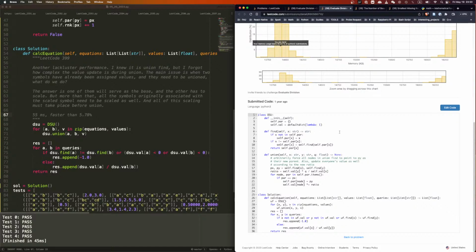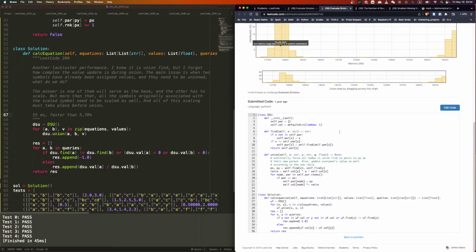Px, Py, okay. We have the ratio. Default value is 1. And everybody will use Py as the parent.